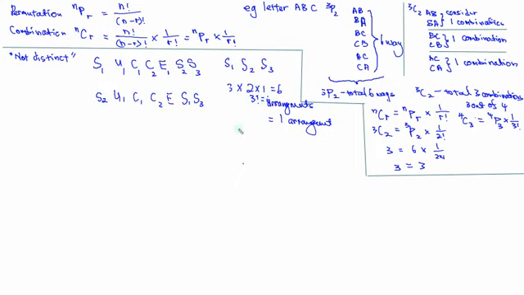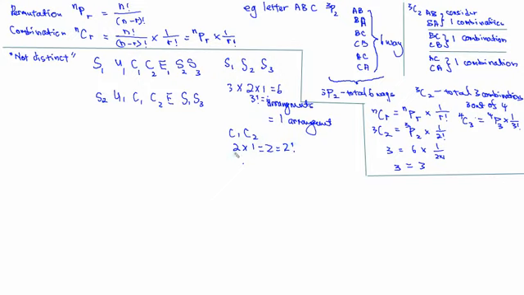What about C1, C2? To fill up this space you can have two choices, either C1 or C2. So it's 2 times 1, which can be written as 2 factorial.